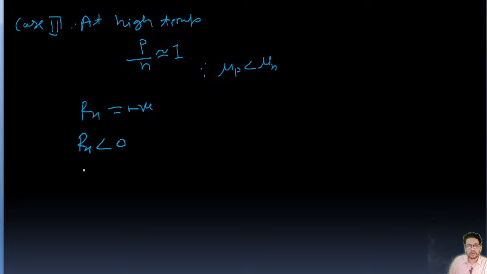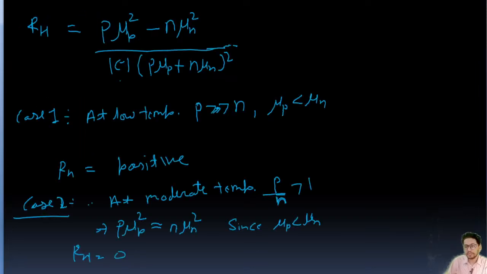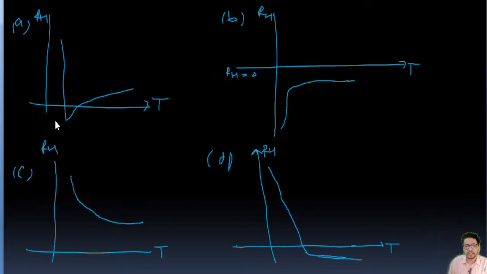So from these three cases, you can see at very high temperature the RH value is less than 0, at moderate temperature the RH value is 0, and at low temperature the RH value is positive. If we check the graph, only option D correctly represents the variation of RH with respect to temperature.